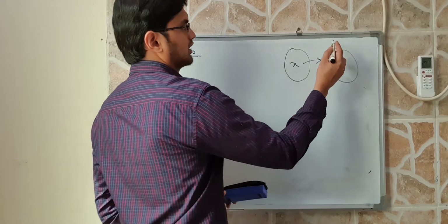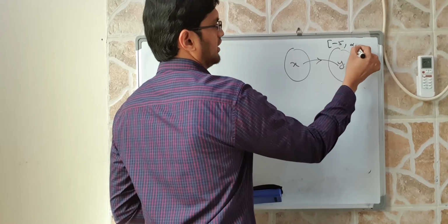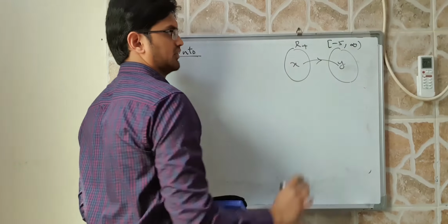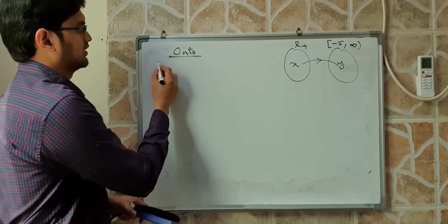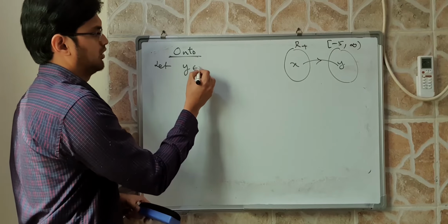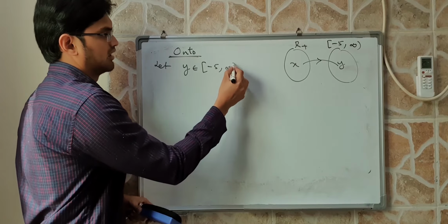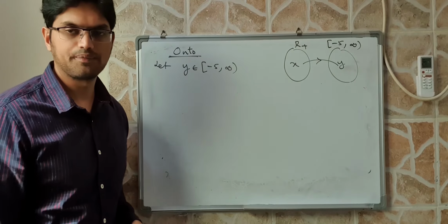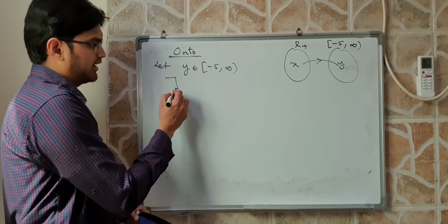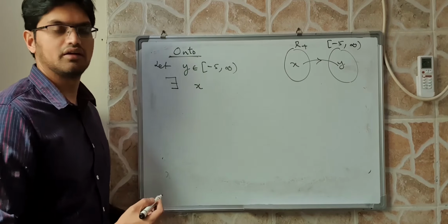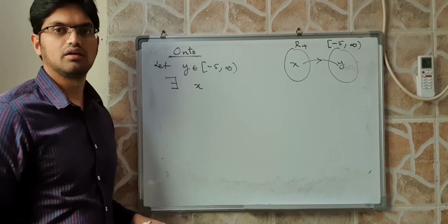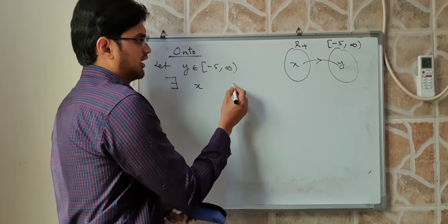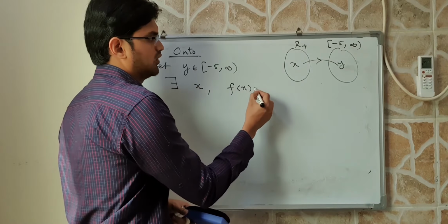This y I'll consider from minus 5 to infinity, and this is from R plus. Let y belong to minus 5 to infinity, that is from the codomain. Then there should be at least one x in the domain in such a way that f of x becomes equal to y.